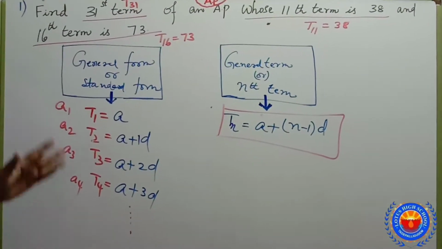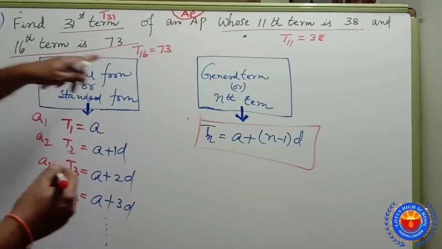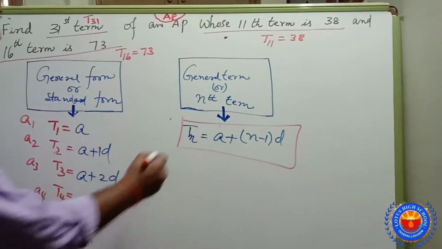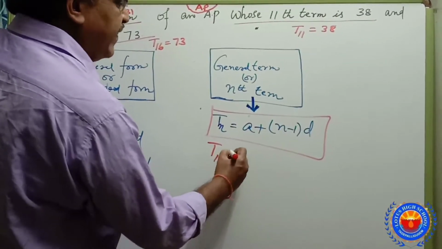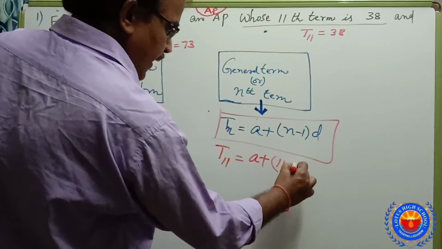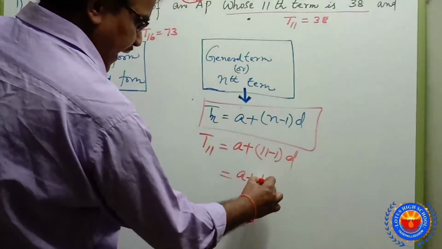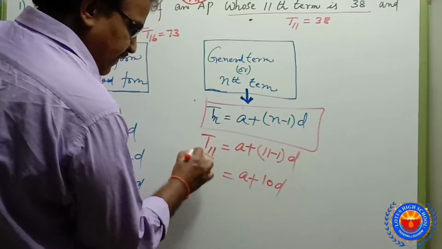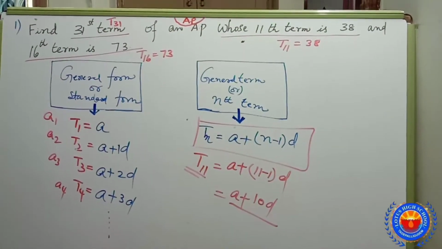How to solve? We can use this formula. First, what is given? The 11th term. Substitute n is equal to 11. T11 is equal to a plus 11 minus 1 into d, which is a plus 10d.